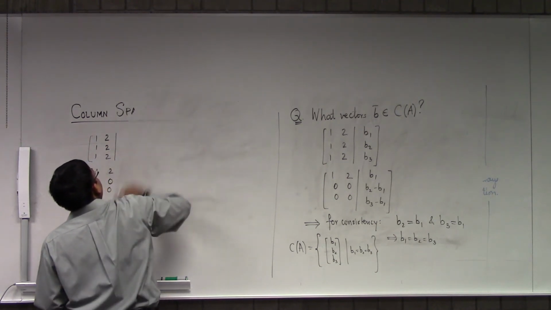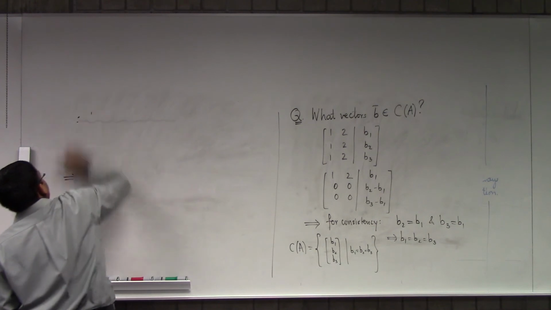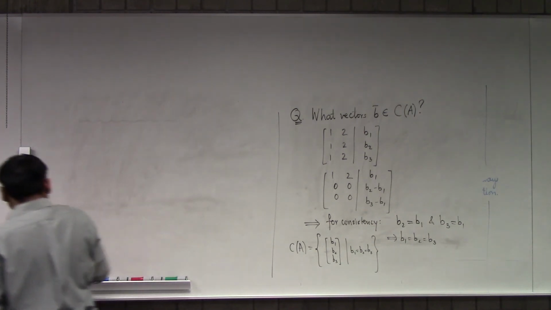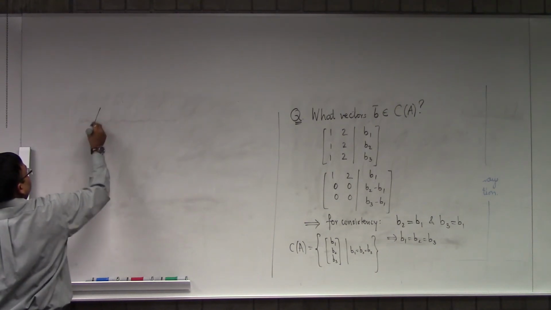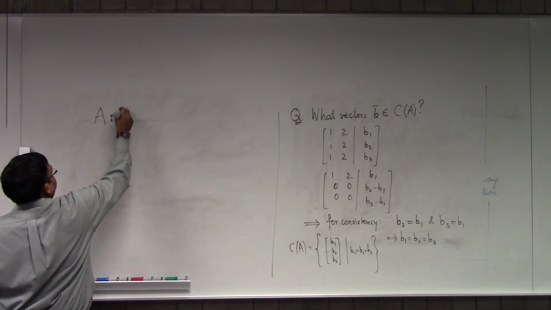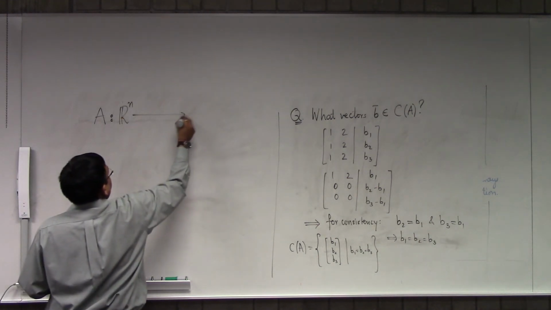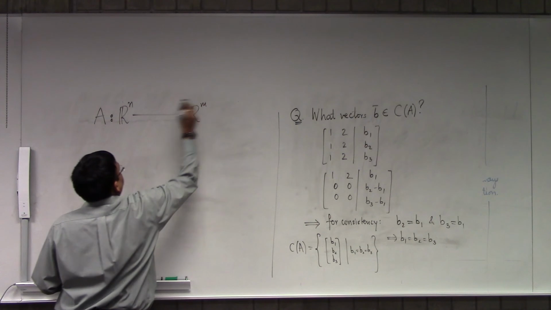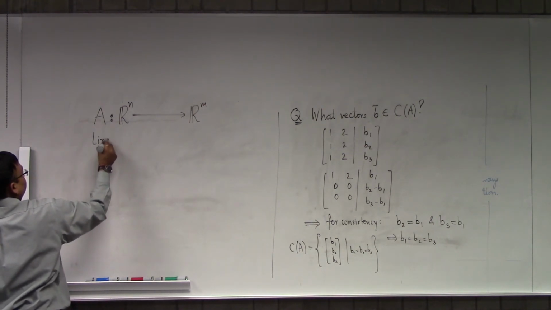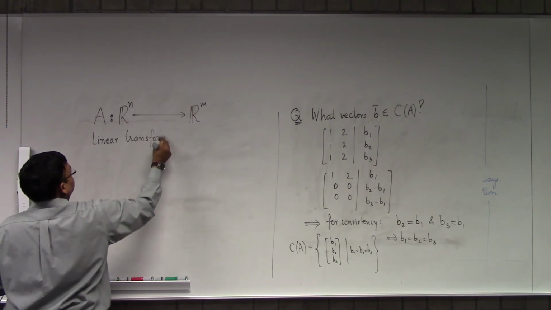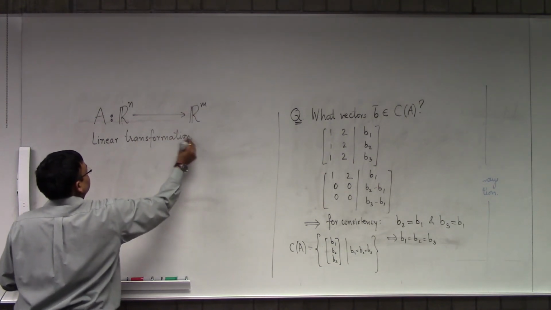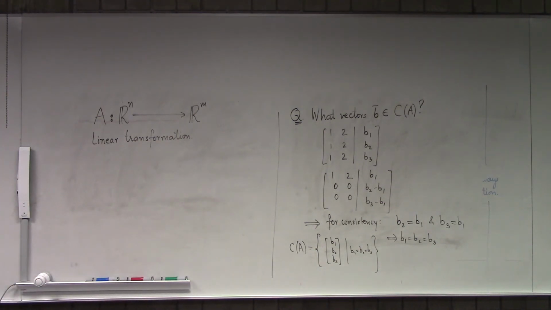How should I interpret the column space of A? Let me bring back the function idea. You have a linear transformation from Rn to Rm. From now on, I will not say it is a linear transformation, because all the functions that we will be dealing with will actually be linear transformations. Unless there is a reason, I will just assume linearity is always there.